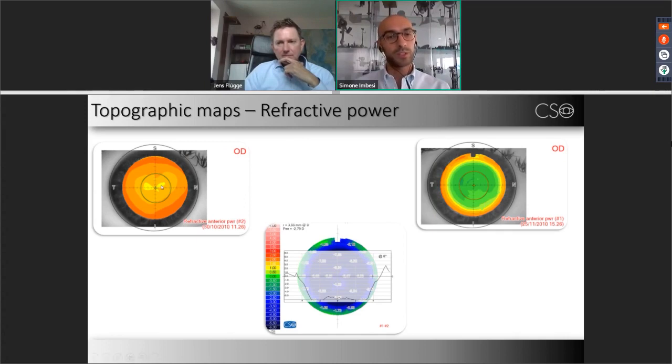This is the pre-op, this is the post-op, and this is the subtractive map. And in this case, we could say that we had more or less 6 diopters of correction of the treatment.